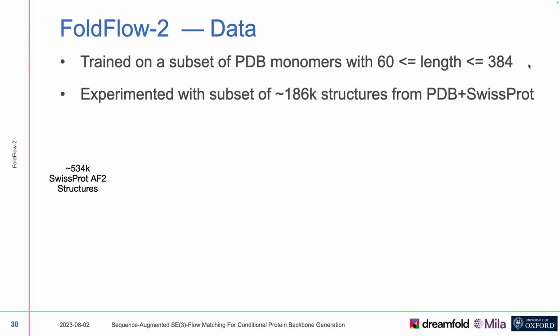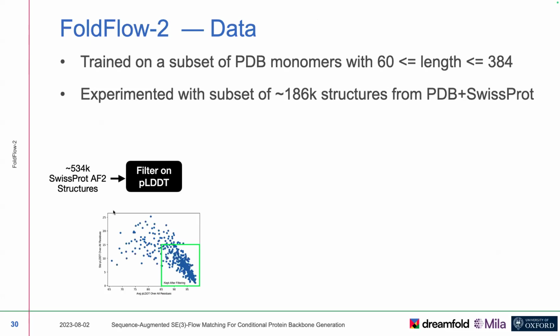We started with over 500,000 AlphaFold-2 predictions of sequences from this Swiss-Prot collection. The first thing we do is filter on global confidence, so we want only high confidence predictions by the model. That's this pLDDT metric.